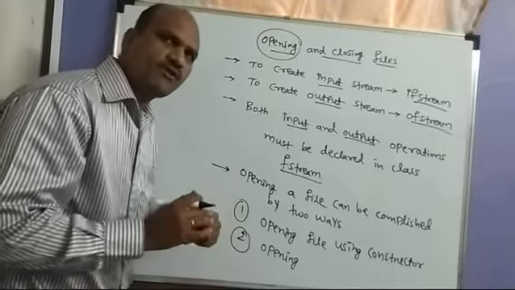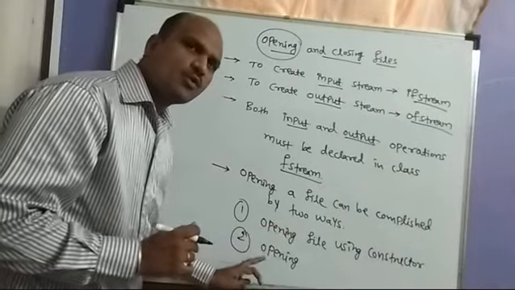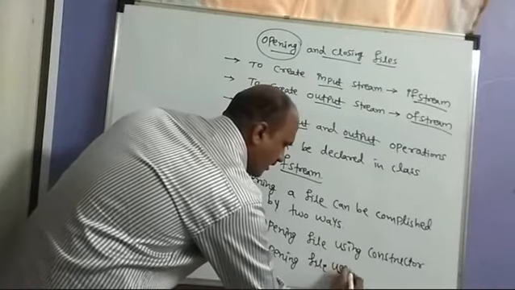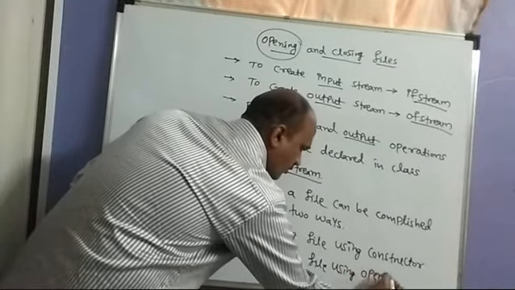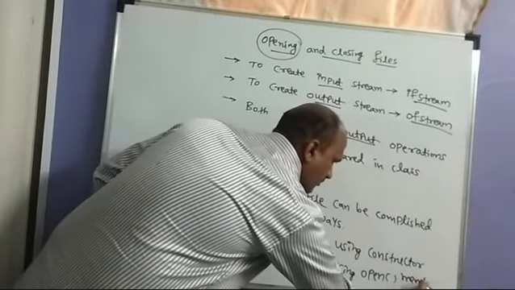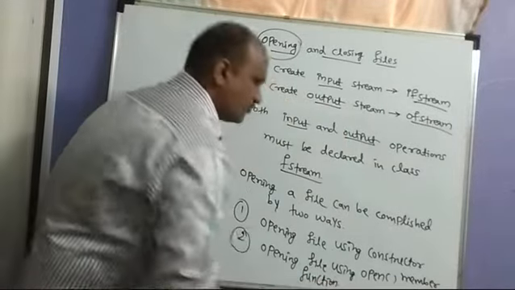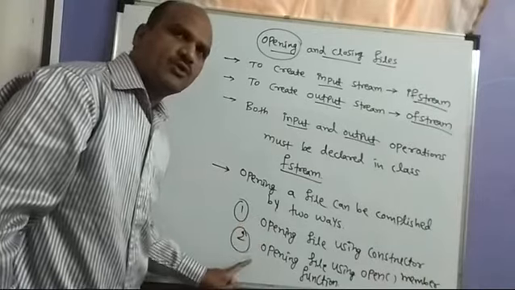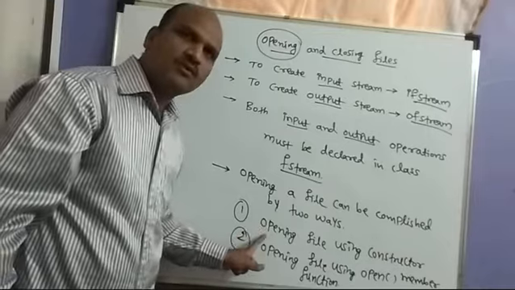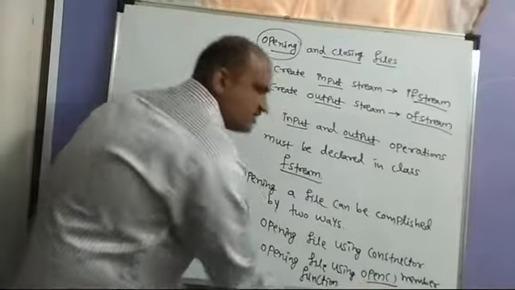So in the opening of the files, two ways are there: one, opening the file using a constructor, then opening the file using the open member function. These are the two ways to open files.